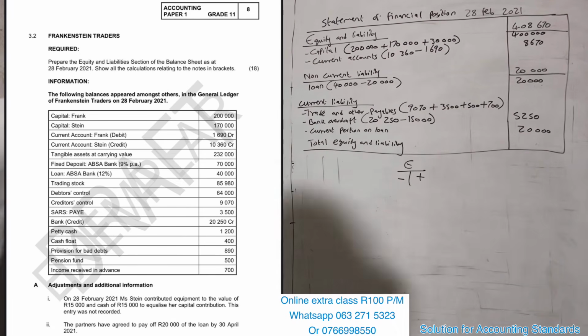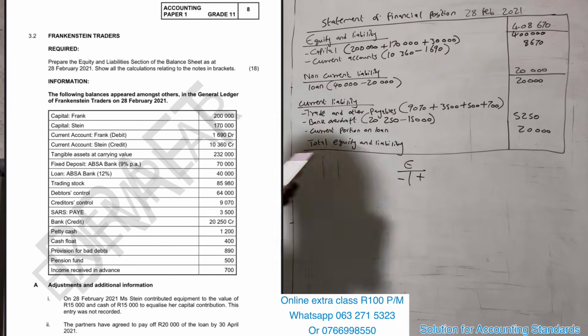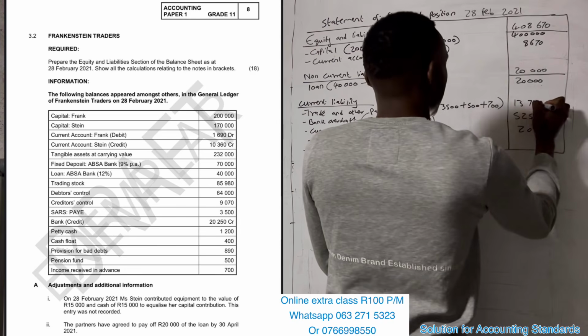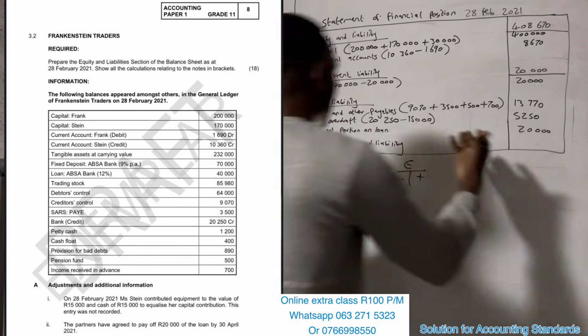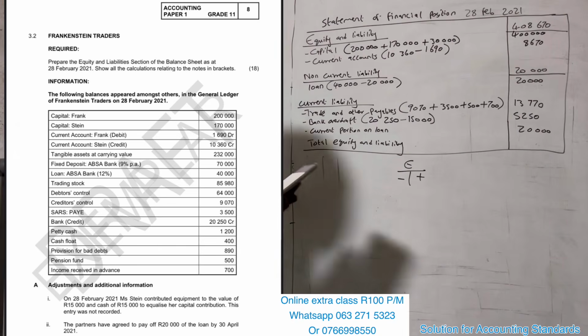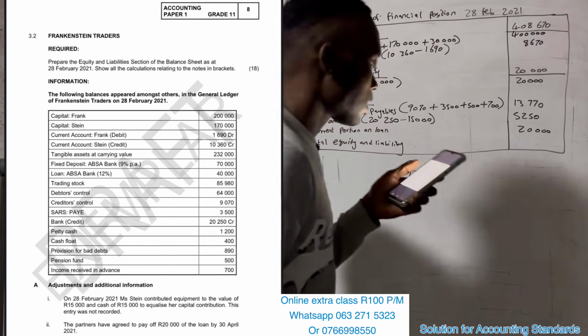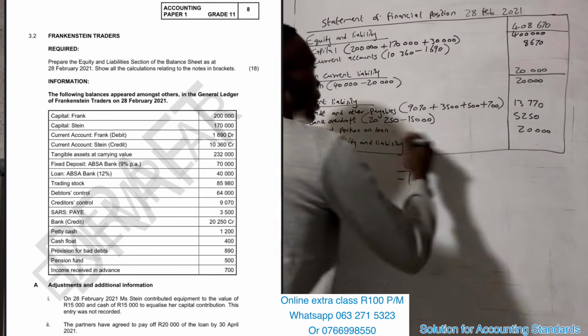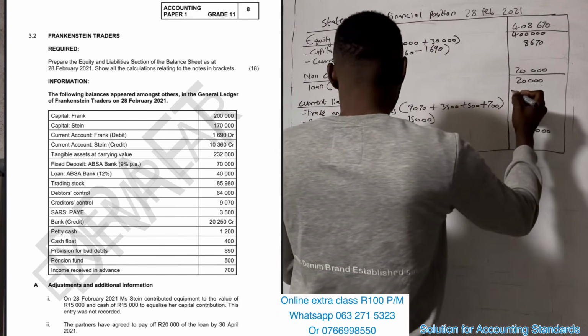Okay, so if you calculate the total, you are going to get an amount of 13,770. Very simple. Imagine, guys, the balance sheet was simple like this. Okay, all those other items like petty cash, cash float, debtors control, trading stock, fixed deposit, tangible assets, they are not part of this balance sheet because they are assets. Okay, so I think here we can get a total.